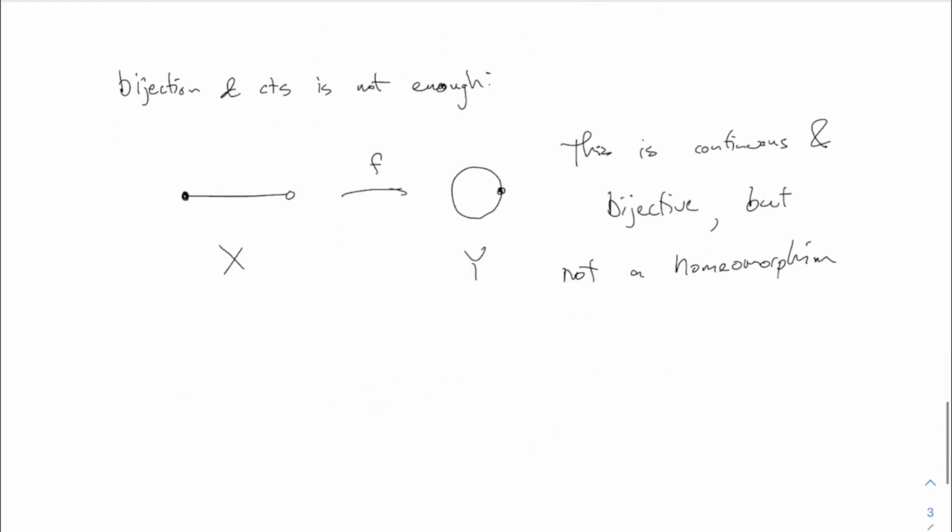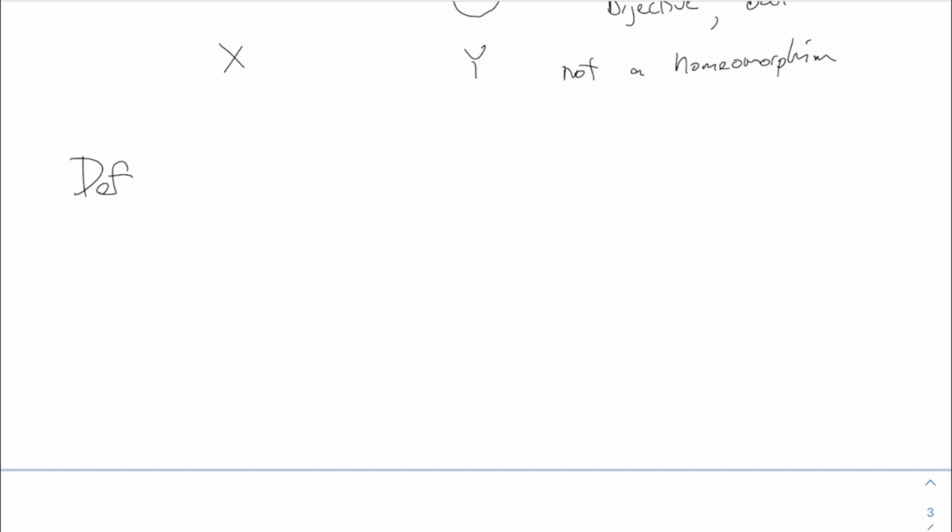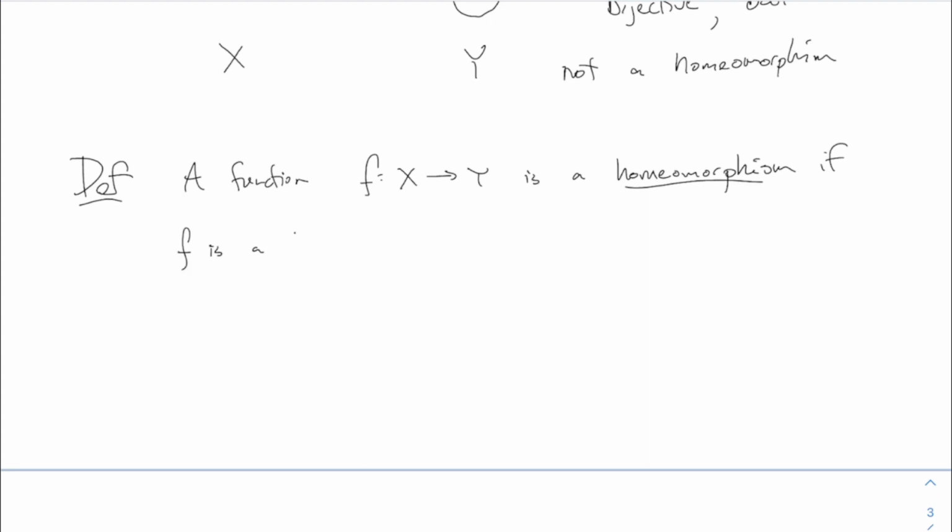So let me just write this as a real definition here. I'm going to say a function f going x to y is a homeomorphism if f is a bijection, that is 1-to-1 and onto.